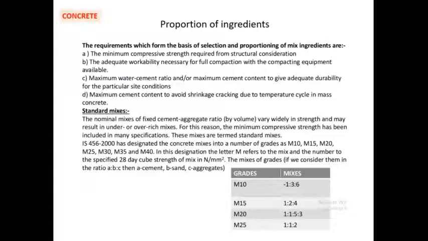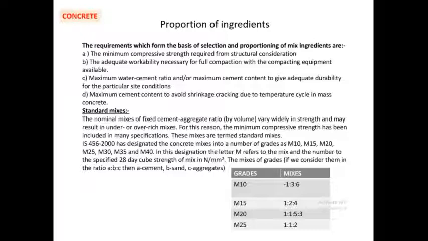Now standard mixes. Standard mixes जैसे कि मैंने बताया grades होते हैं M10, M15, M50, M60, M65, M75, likewise. So what does this suggest? This suggests the kind of mixture of cement, sand and aggregate. जैसे M10 में 1:3:6 ऐसा होता है.